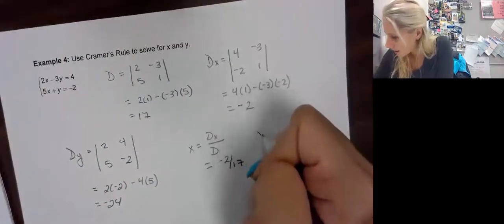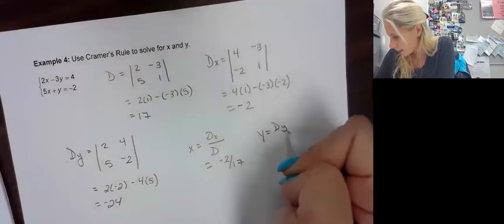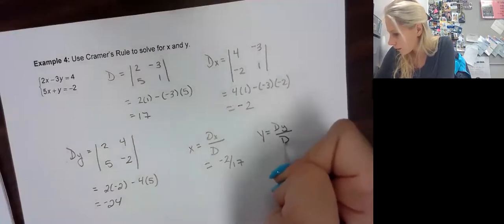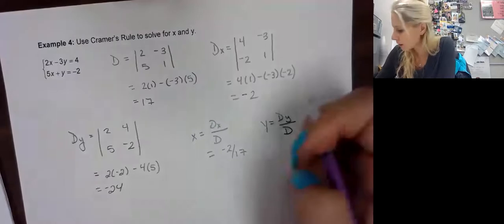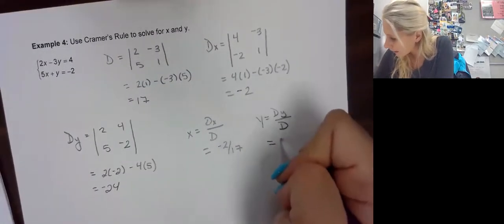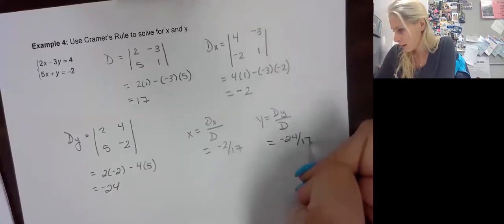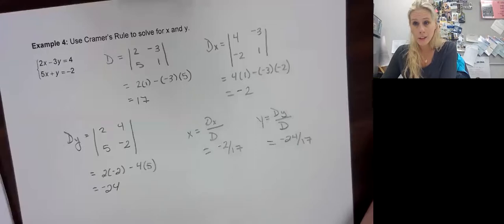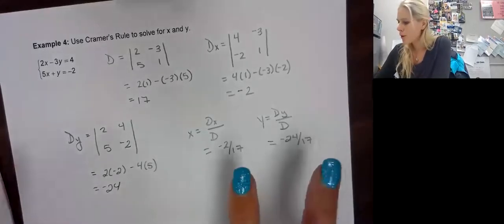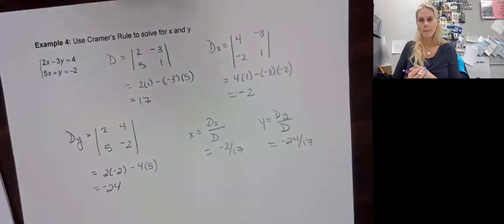And for our y, that's the determinant for our y's all over the determinant of the original matrix. So that gives us -24 over 17. Can you check your answers? Yeah, you can. You can plug in to make sure it's true for both statements, and you are all set.